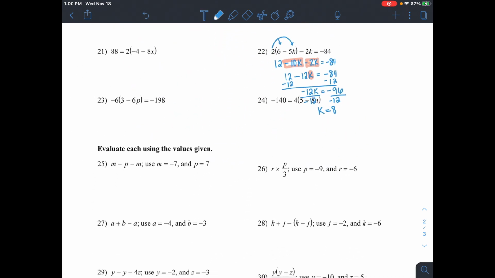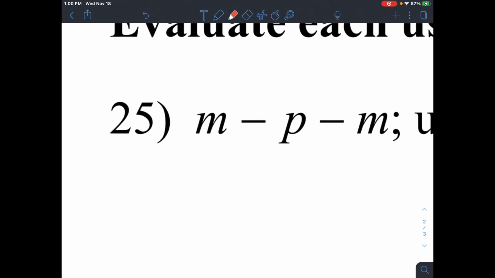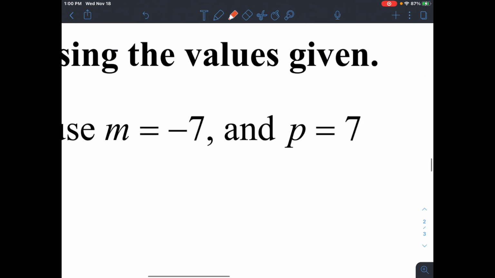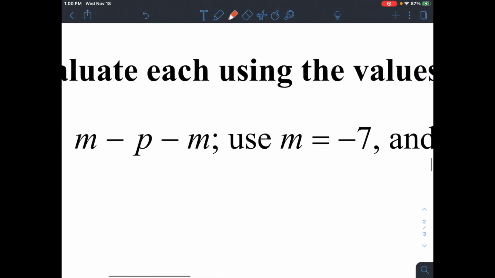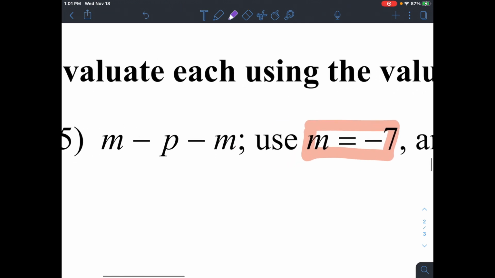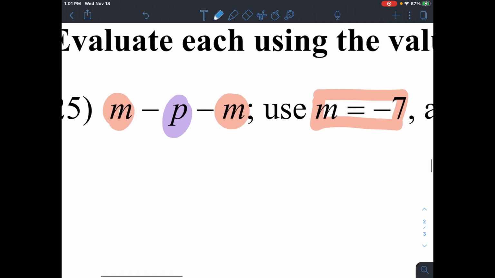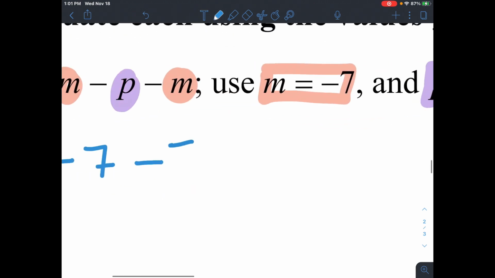Okay, next part is evaluating. I'm giving you an expression, and you need to plug in the variables in order to evaluate. So m equals negative 7 and p equals positive 7. I'm going to plug in p here and m here. So negative 7 minus p, and p is 7, minus m, and m is negative 7.